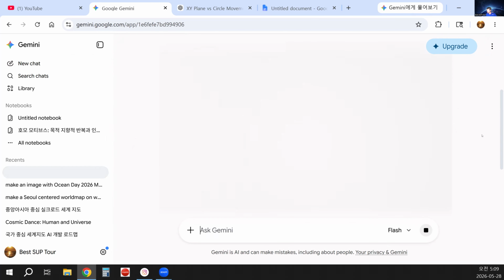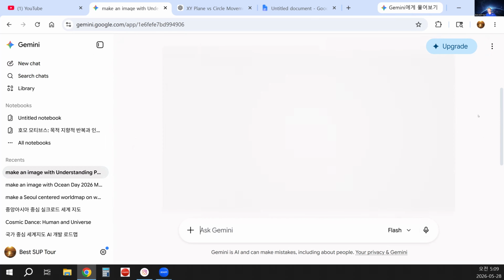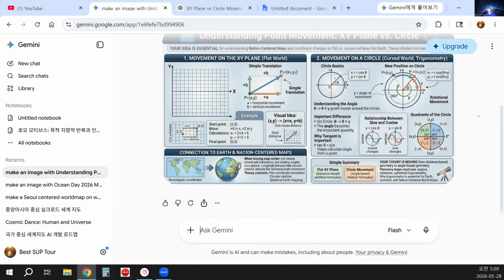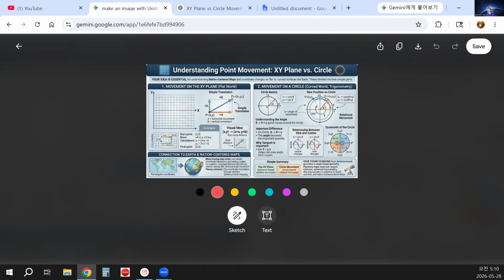Using AI, I can get some good results about the nation-centered world map. I can get a really easy understanding of it. I'm waiting for the image here. This is a very simple one. Okay, let me click this. I can download it for sharing content.